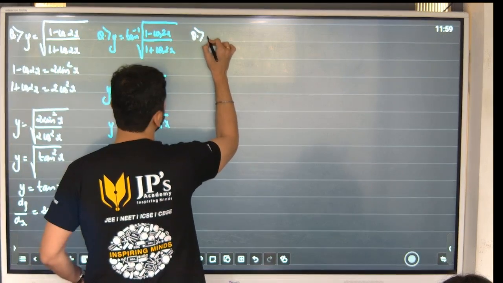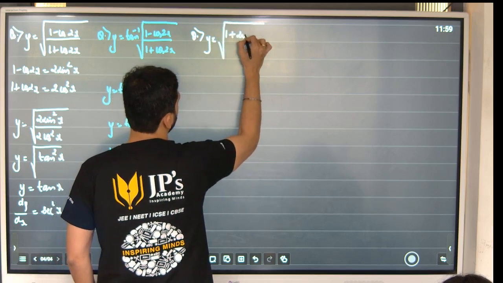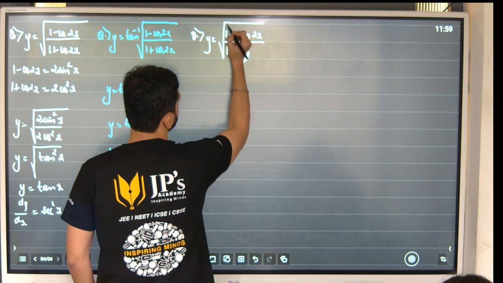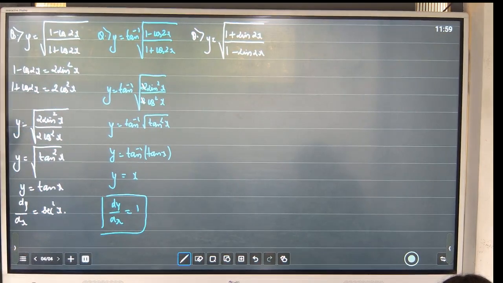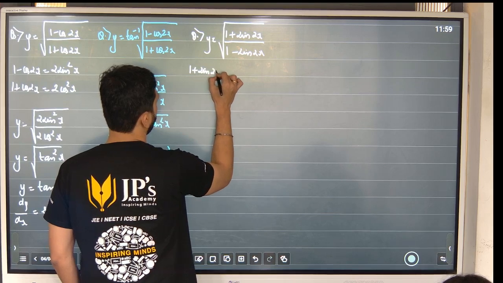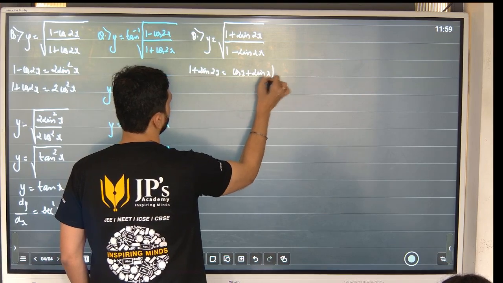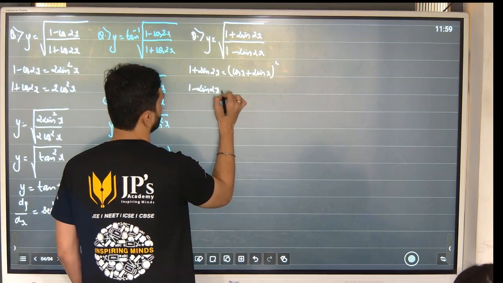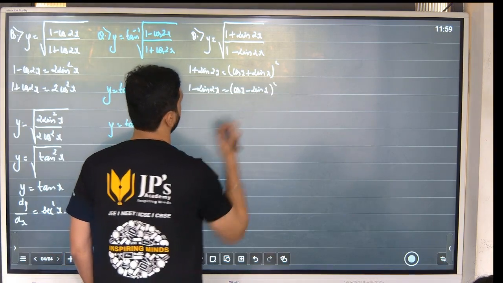Now, in place of this, if I have this question, 1 plus sine 2x upon 1 minus sine 2x. Now we know that the formula of 1 plus sine 2x is cos x plus sin x the whole square, and 1 minus sine 2x is cos x minus sin x the whole square.